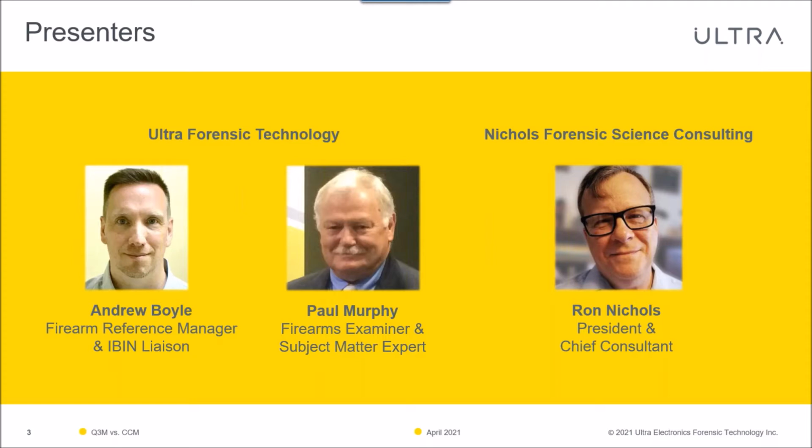Finally, Ron Nichols is the president of Nichols Forensic Science Consulting. He has been a forensic scientist since 1984 and a fully trained firearm and toolmark examiner since 1991, when he started with the Oakland Police Department in California and went on to work with the ATF. Since his retirement from the ATF, Ron has served as a private consultant and has established a training academy offering training for firearm and toolmark examiners.